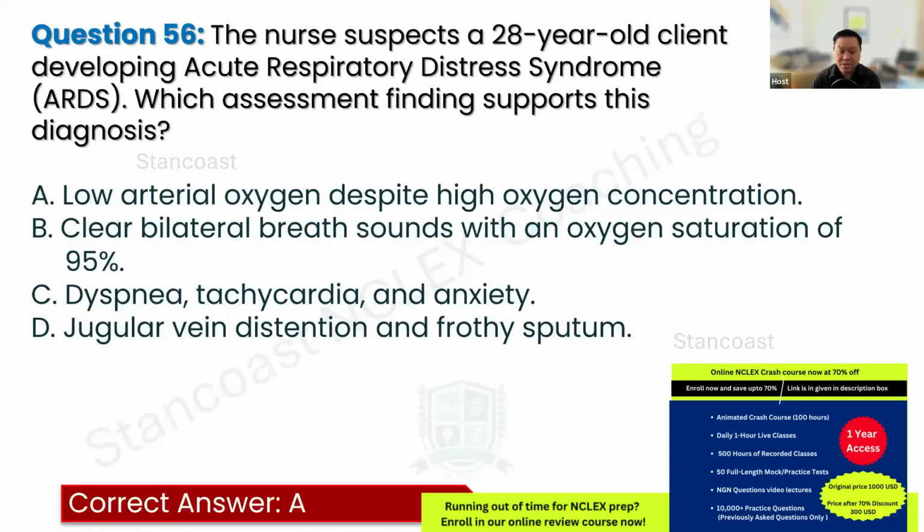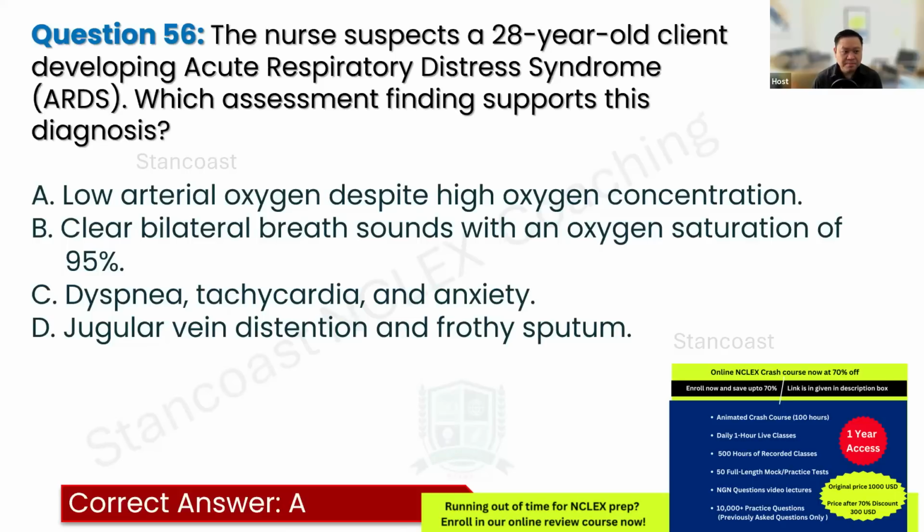And letter D is also incorrect because JVD and frothy sputum are more indicative of heart failure, not ARDS. So your strategy here is to know that this problem involves hypoxemia that is unresponsive to high oxygen delivery, which helps differentiate it from other conditions.